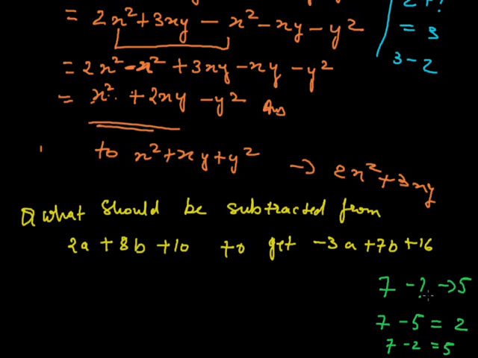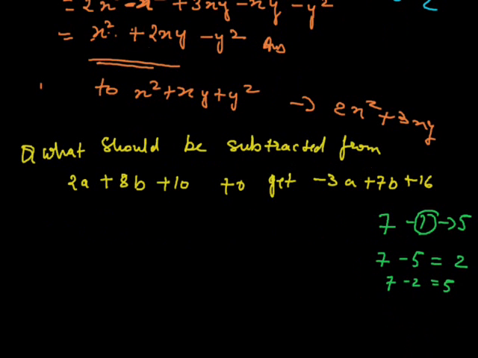So to get the number which should be subtracted from 7 to get 5, we have subtracted 5 from 7. Here the question is what should be subtracted from this to get this. So we are just going to subtract minus 3a plus 7b plus 16 from 2a plus 8b plus 10.